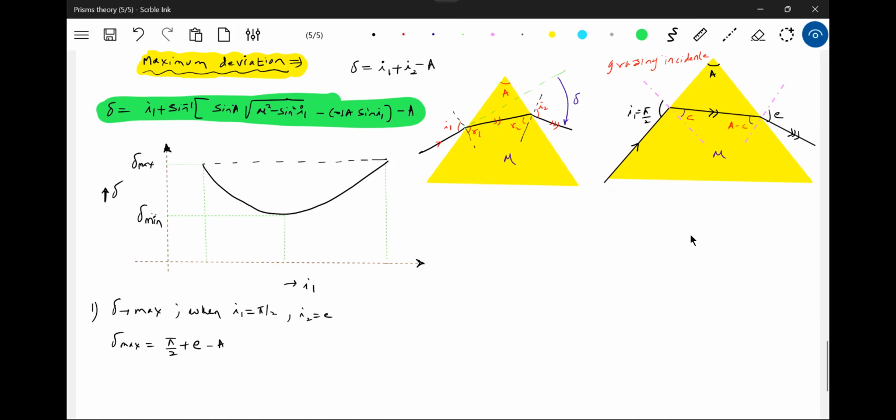So we are not understanding. So we know R1 plus R2 equal to A, no? I'll write all these things here. What happened with the prism?